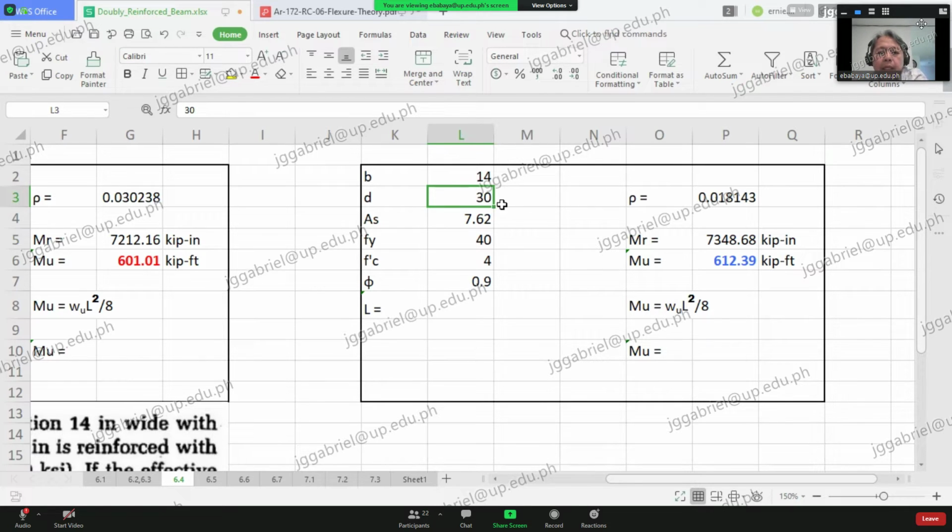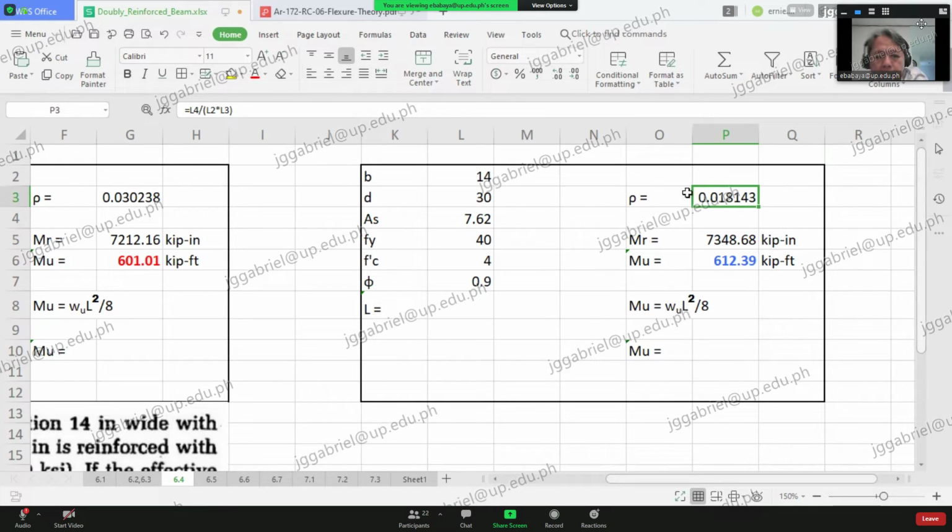But pinaliit yung steel. Pinalaki yung concrete, pinaliit yung steel. Now, what happens to the steel ratio? Lumaki yung steel ratio natin. Sorry, lumiit pala. Lumiit yung steel ratio. Okay?